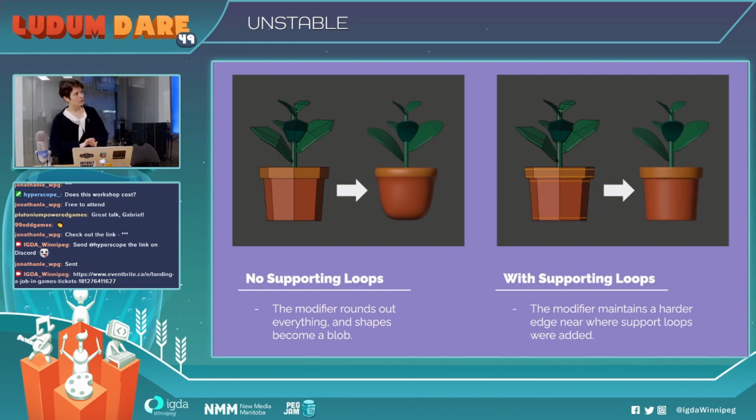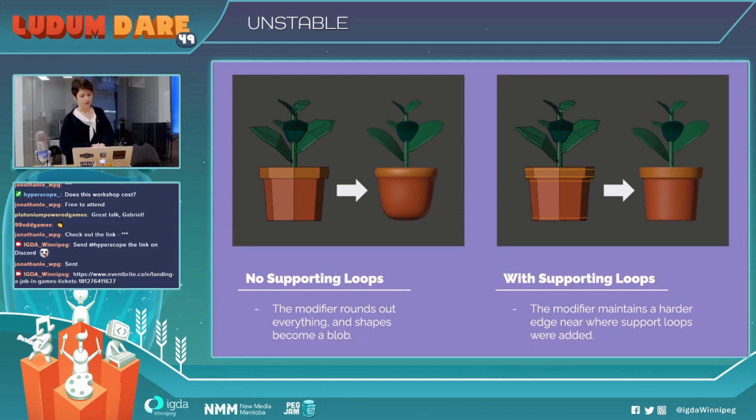So here you see how the modifier is affecting the models. The model on the left is extremely simple and low in geometry. So the modifier rounds out everything. You lose the shape, the pot becomes like a round blob.